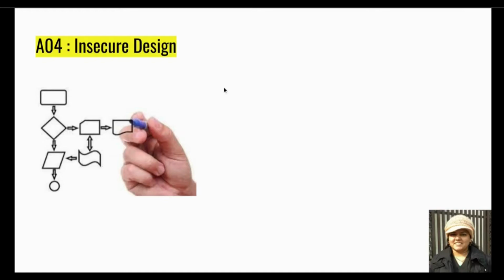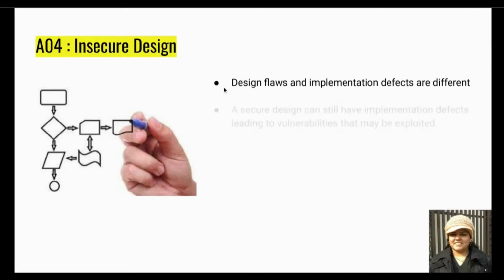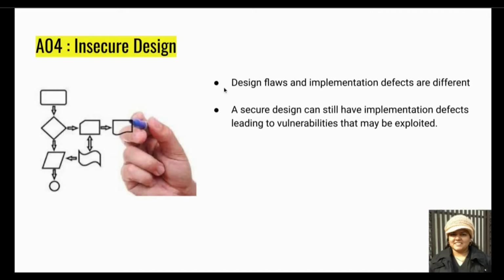Now, next is insecure design. Insecure design is a broad category representing different weaknesses expressed as missing or ineffective control design. Insecure design is not the source of all of the top 10, but it is responsible for some of the very impactful ones.